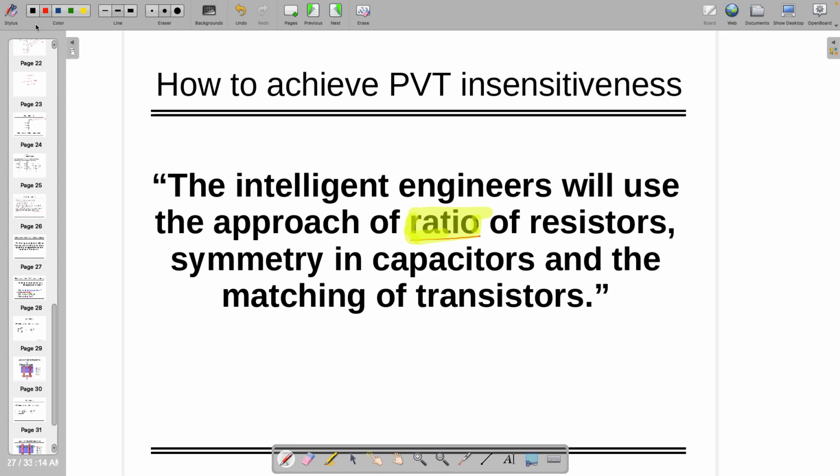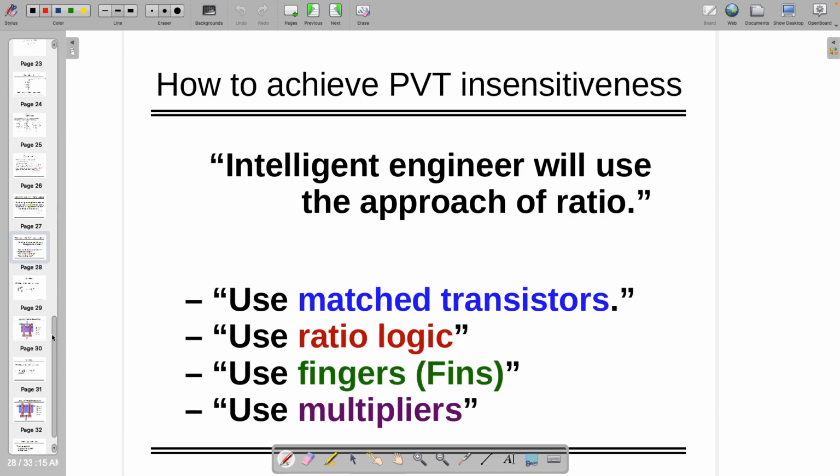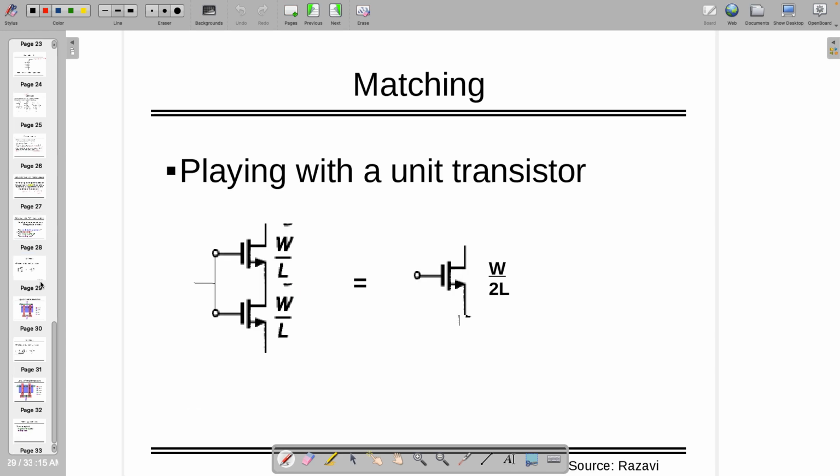Generally, we are going to use multiplier, right? So you can use your required multiplier with the unit value of the device. So we already talked about this.